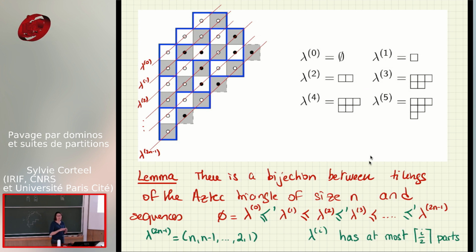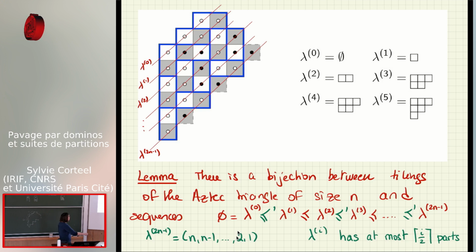In the Aztec diamond I was going up, down, up, down, starting at empty and ending at empty. Here I go up. I start at the empty partition and end at the staircase partition, n, n minus 1, down to 2, 1.